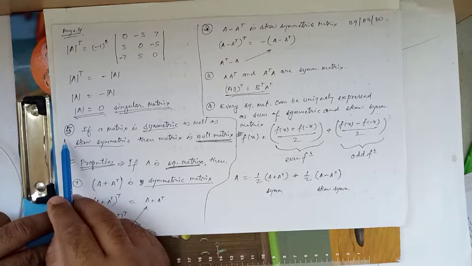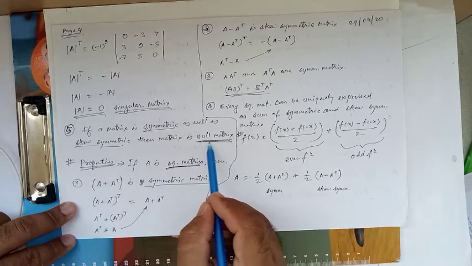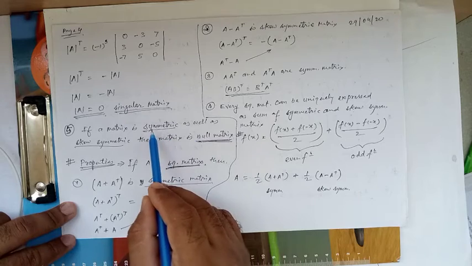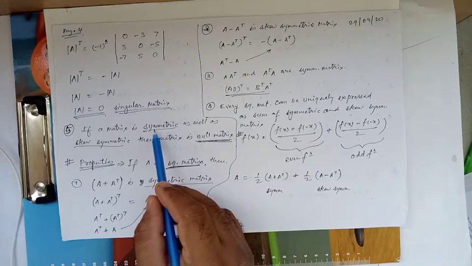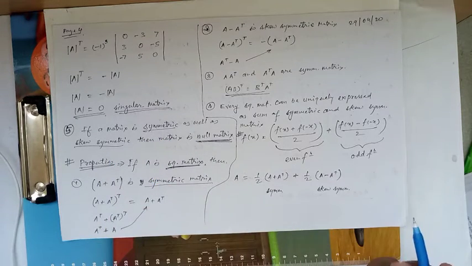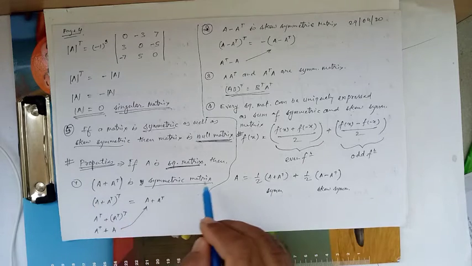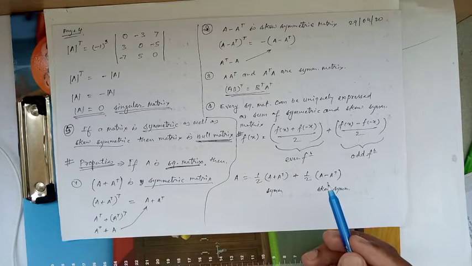Number 5th, we have seen you will definitely get the null matrix if the particular matrix is symmetric as well as skew symmetric.